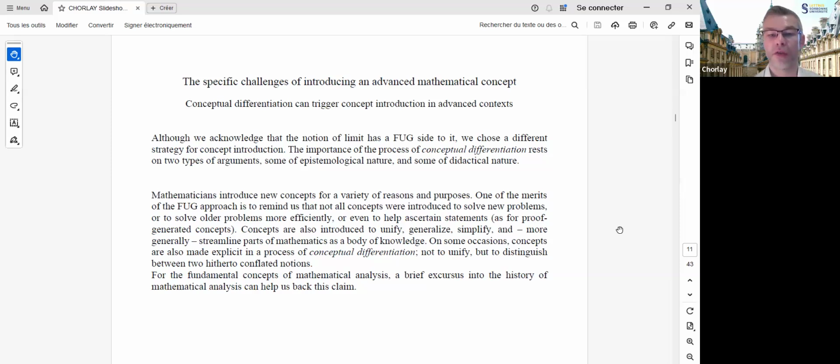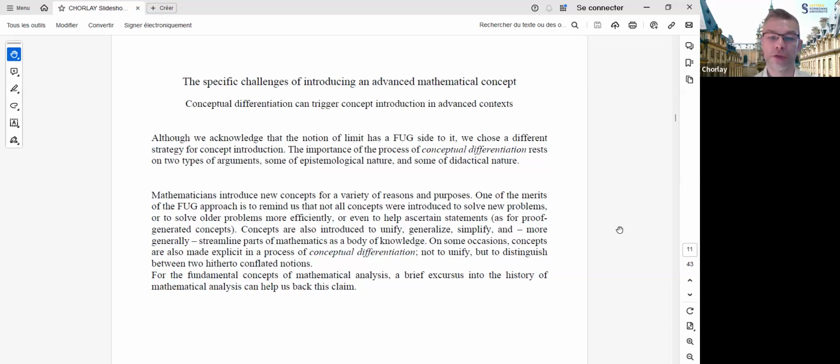So typically, the general notion of an abstract vector space was introduced not to solve a specific problem, but in hindsight, with regard to a large share of mathematics as a body of knowledge.